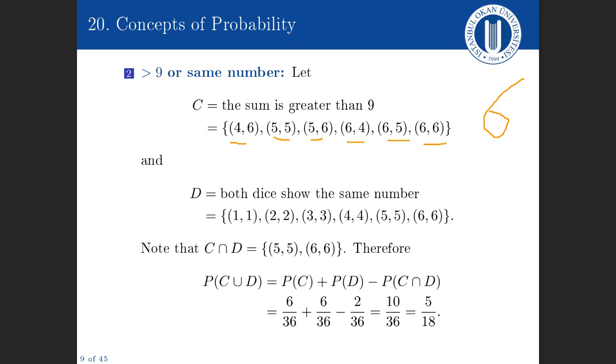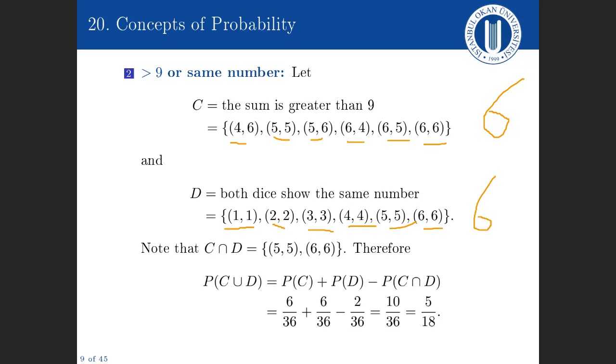Let D be the event that both of our dice show the same number. So that could be 1 and 1, 2 and 2, 3 and 3, 4 and 4, 5 and 5, or 6 and 6. So again, we have 6 simple events here. But these 2 events are not disjoint.